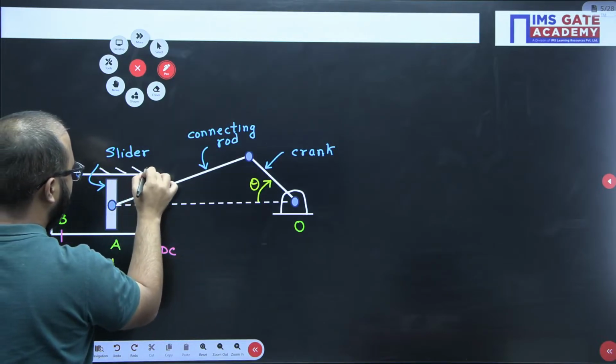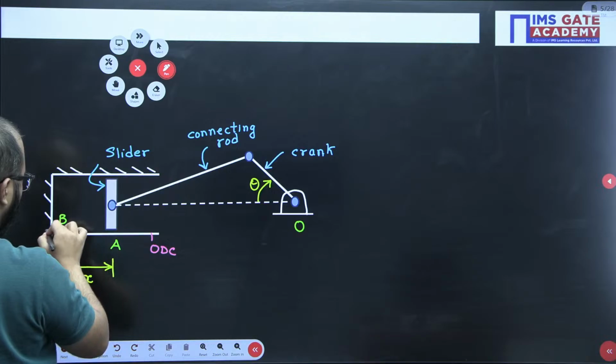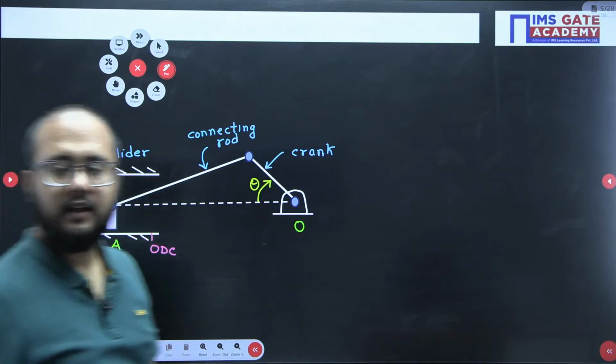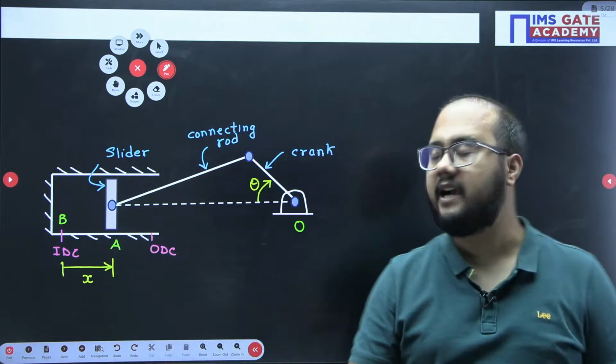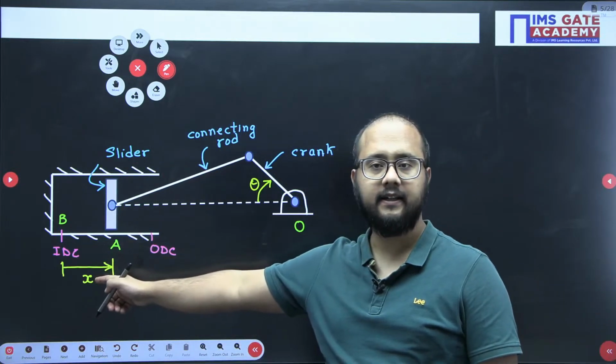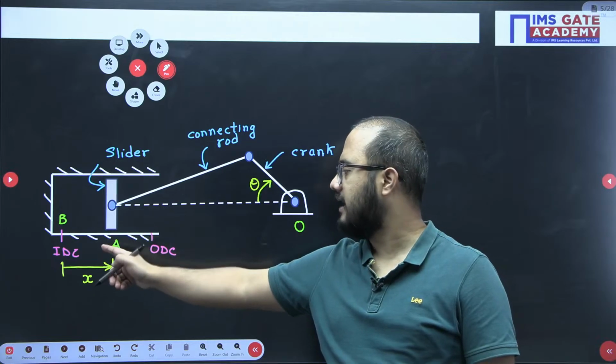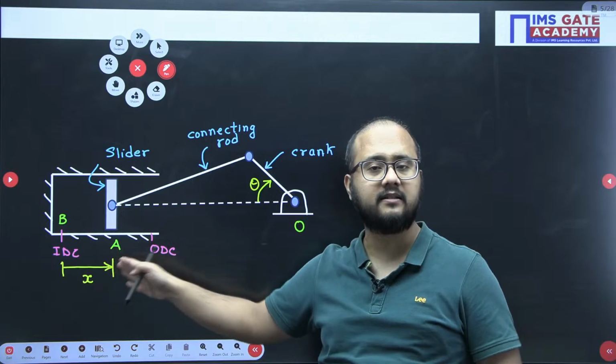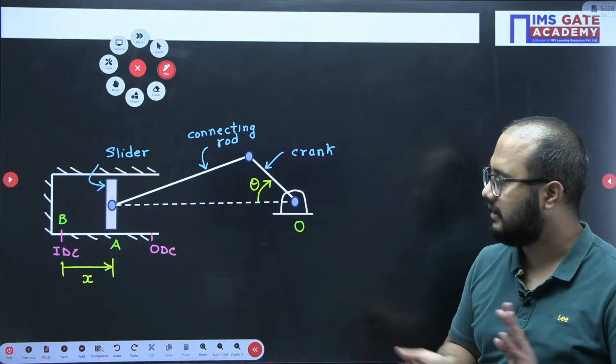This is our cylinder, which is fixed in this case, right? So the motion of the slider started from point B and it reaches point A. And how much displacement has it done? X for theta rotation.